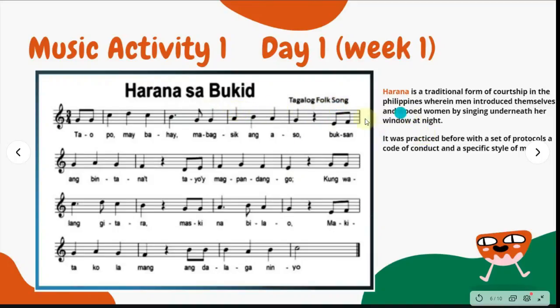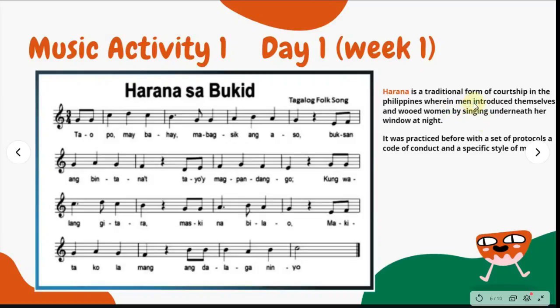So we'd say Harana. Harana is a traditional form of courtship in the Philippines. So pa yung manliligaw ka, then kakantahan mo, gusto pa ba ang harana? But ngayon yan, no? But before, they used to have Tagalog folk song when they sing harana. Okay, it's a traditional.